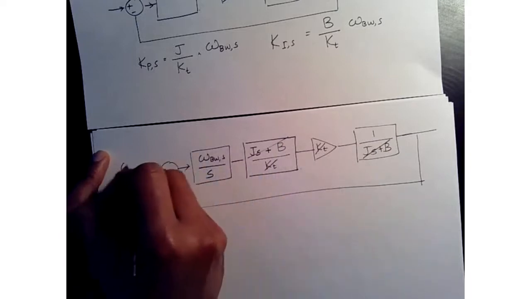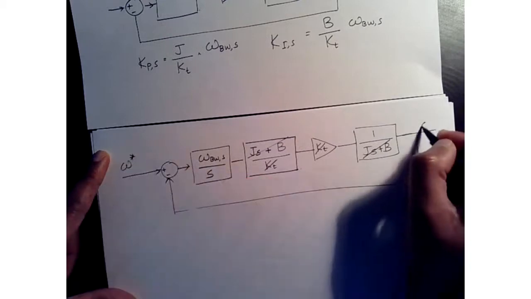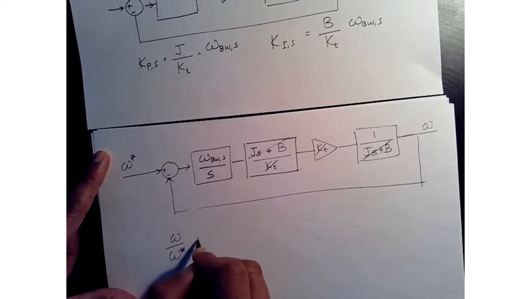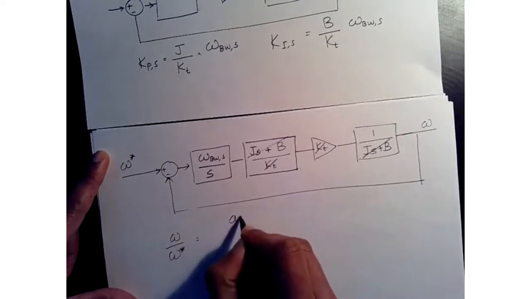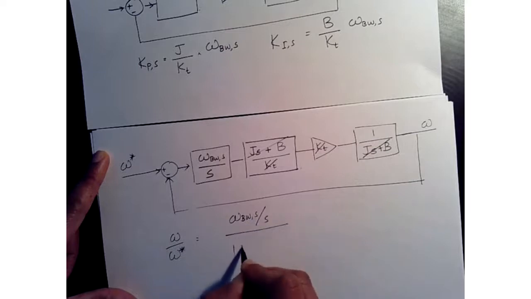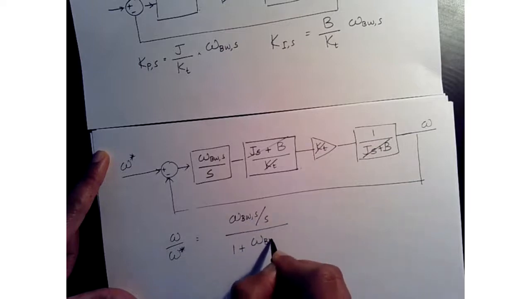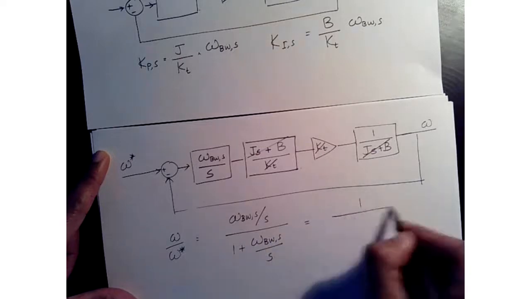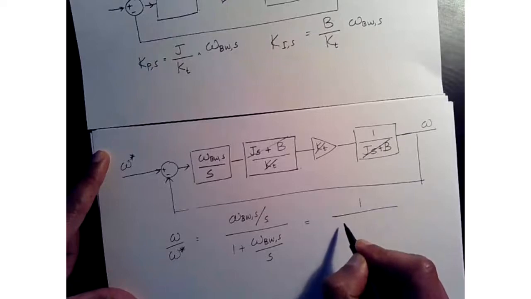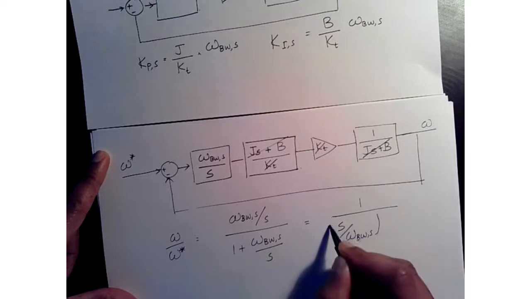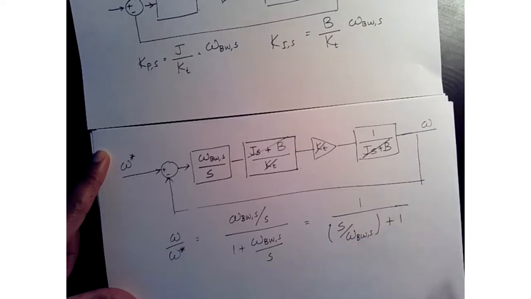So now if this is our omega star and this is our omega, omega over omega star can be written as omega bandwidth of speed over S, 1 plus omega bandwidth over S. So this becomes 1 over S over omega bandwidth of S plus 1.